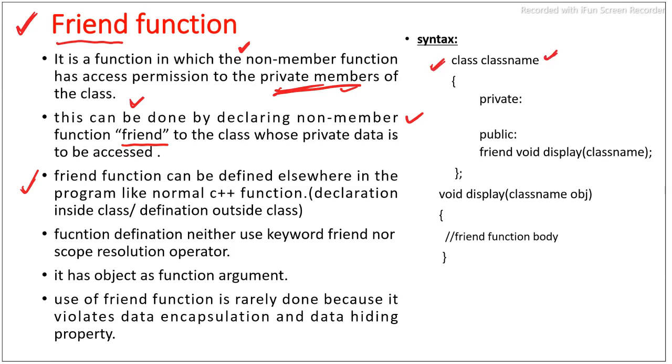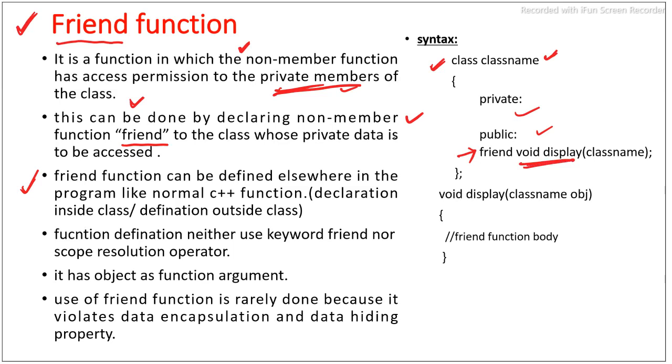Within the class declaration, in private we may take some data members, in public we may take some member functions, and here the friend function declaration is there. So friend is a keyword, void is the return type, display is the function name. So void display is a friend function, or this particular non-member function is a friend to this particular class.